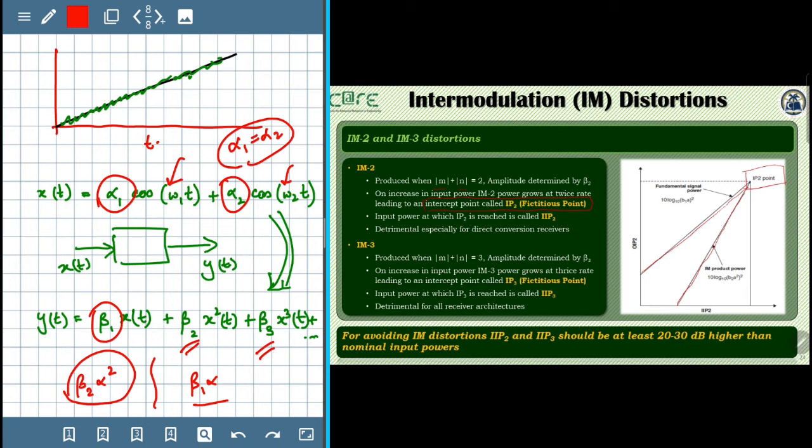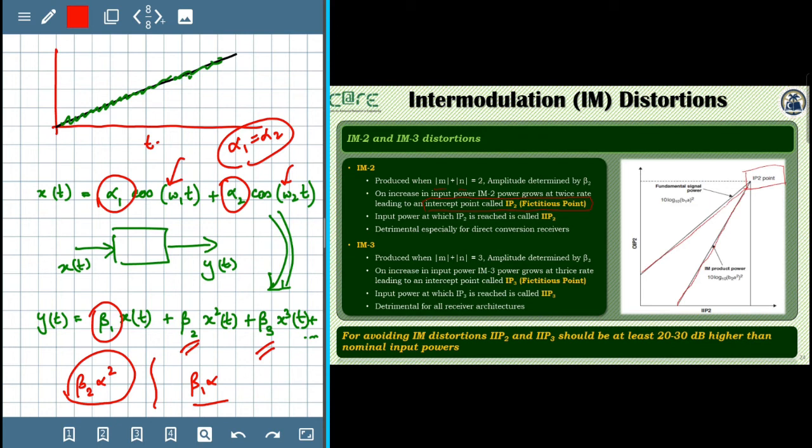This is basically a fictitious point because the intersection will probably take place at such a high signal power level that the component will start saturating much before that particular power.